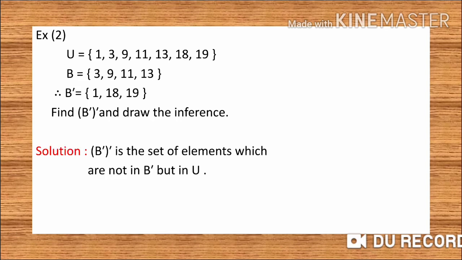Now, here we have to find the complement of B complement. The complement of B complement is the set of elements which are not in B complement but in the universal set. So, the complement of B complement is the same as set B.